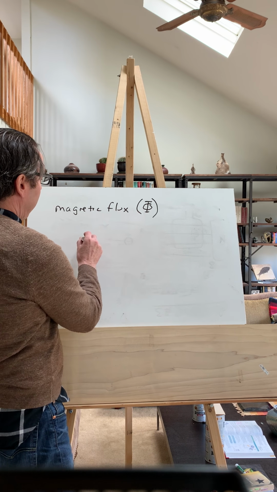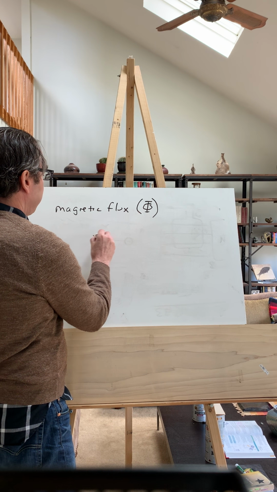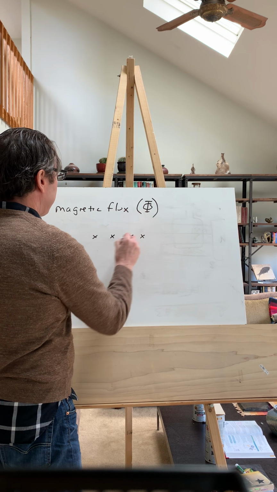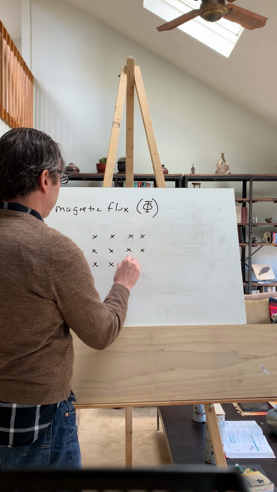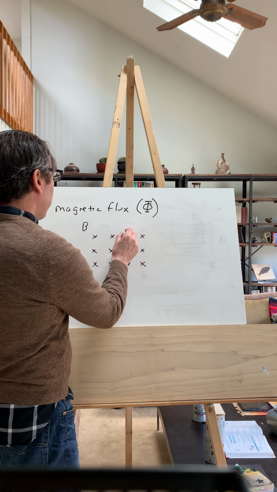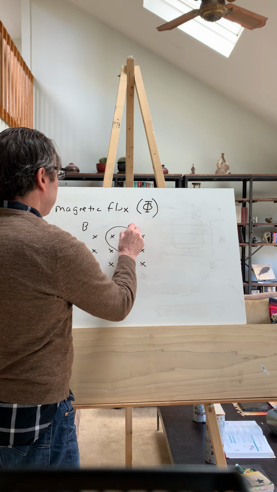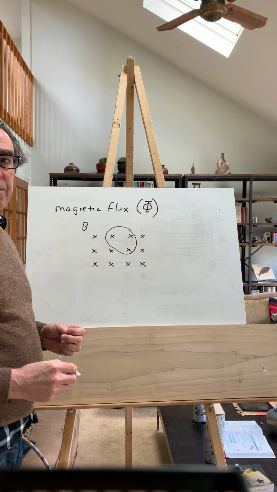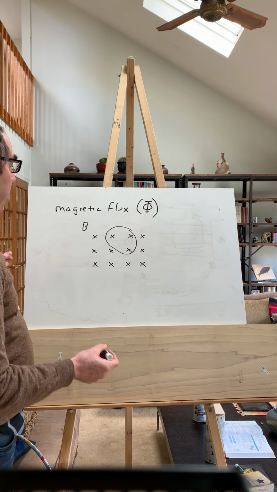So say you have a magnetic field. Say that magnetic field is going into the page like that. Call that B. And we have a wire of some sort, like in a circle, and it's captured 3 field lines.